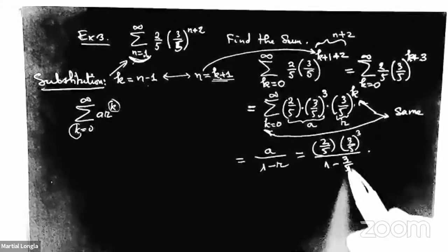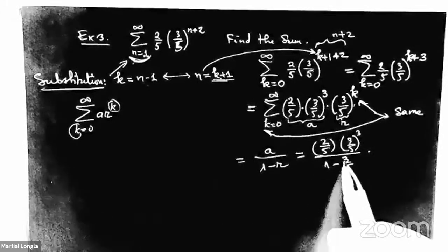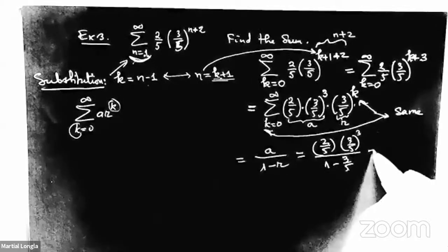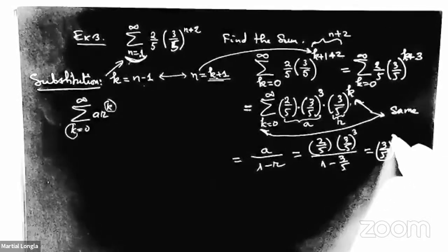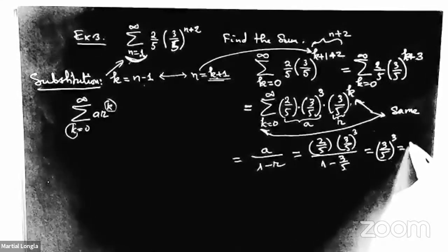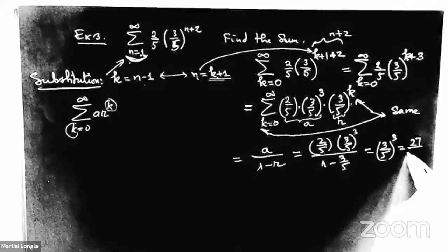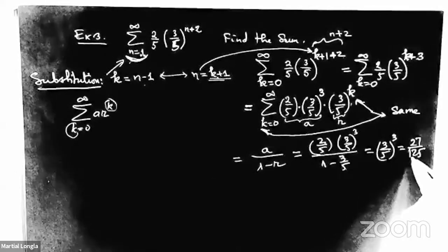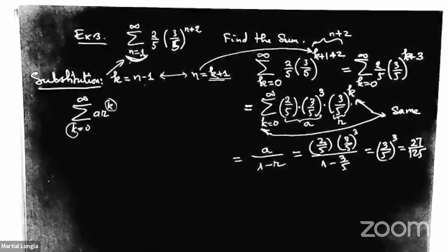And so 1 minus 3/5, this is 2/5, right? 2/5 over 2/5, they cancel. So the answer here is 3/5 cubed, which is nothing but 27 over what? 125? Is there any question about this?